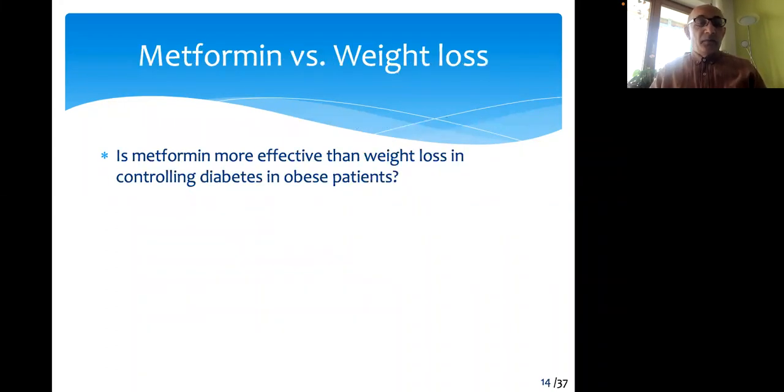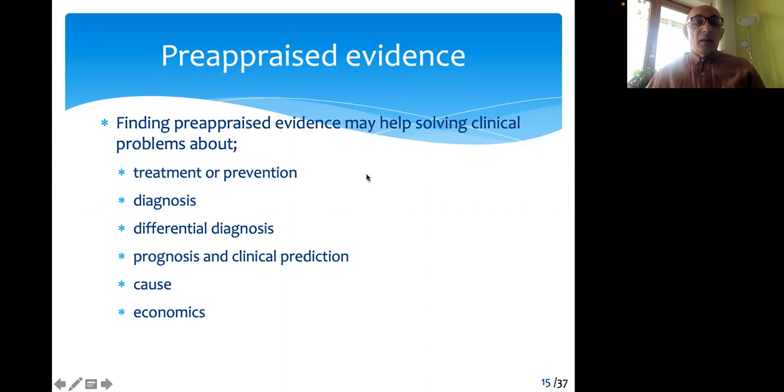So the evidence you collect can be pre-appraised. What do we mean by pre-appraised? It may help you to solve clinical problems about treatment or prevention, diagnosis, differential diagnosis, prognosis, causes, or it may be also related to economical issues.